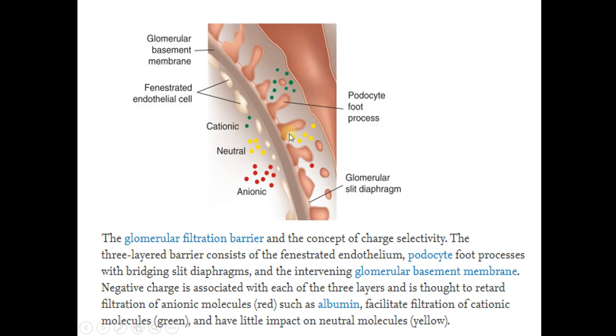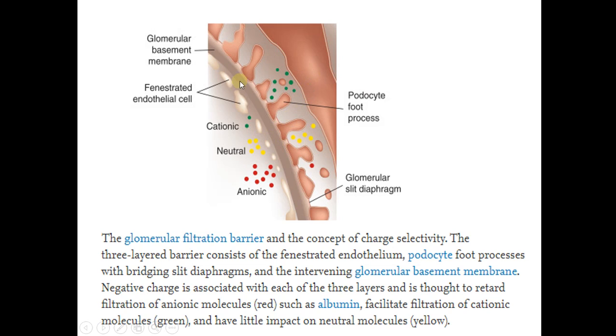So there are two barriers in the glomerular filtration barrier. One barrier is that of size, the size of the fenestration and the size of the filtration slits in the visceral epithelial or podocyte layer, and the other barrier is the charge.